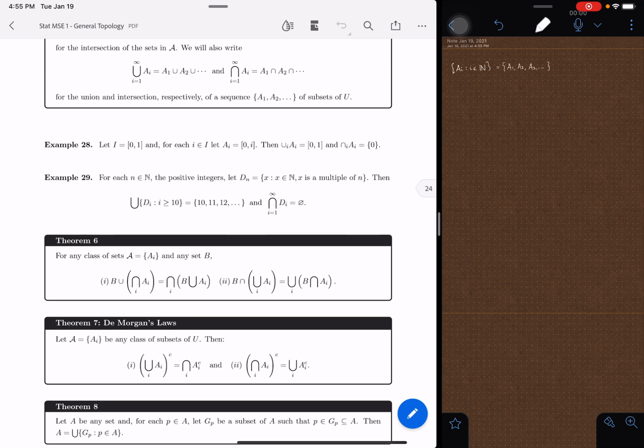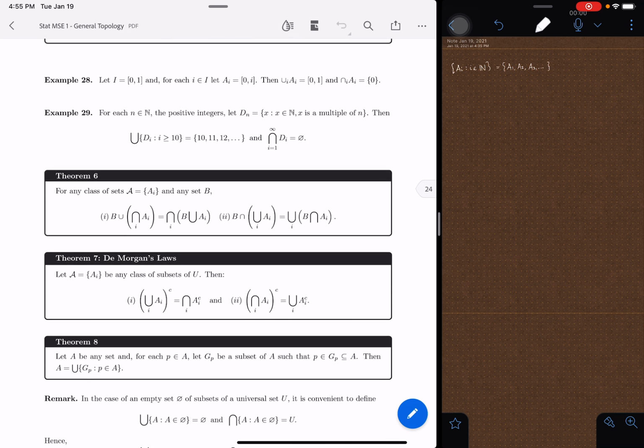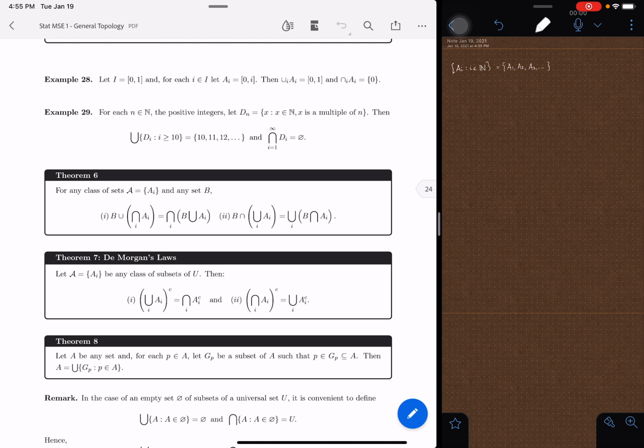So let us illustrate. Suppose our index set is the unit interval from 0 to 1. For every number on this interval, which we denote by small i, we define A sub i to be the interval from 0 to i.